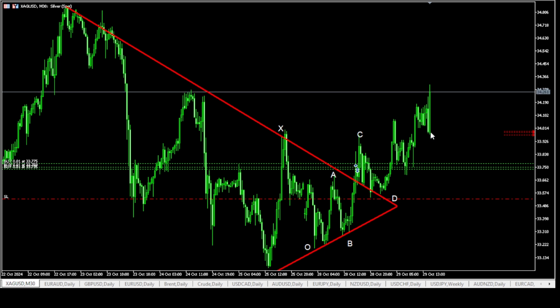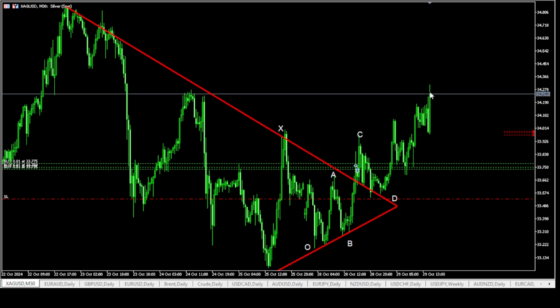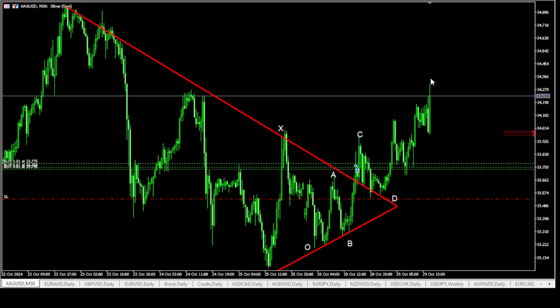After that, the bulls became angry, and you can see this present candle right here. So price is still at the zone.